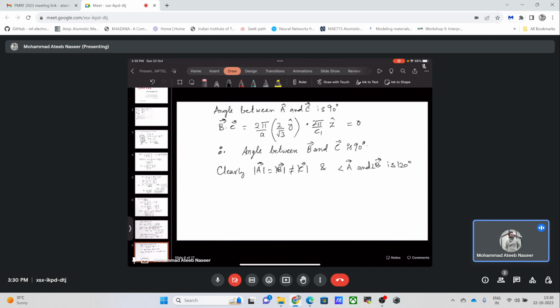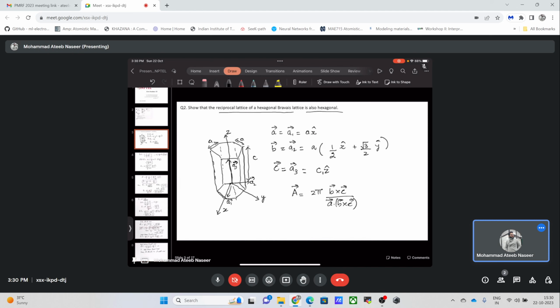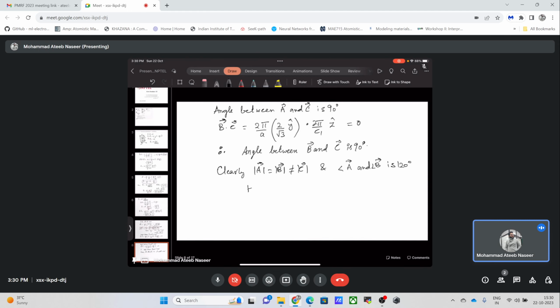So what have we found out? We have found out the reciprocal lattice of a hexagonal Bravais lattice is also hexagonal. As simple as it gets.